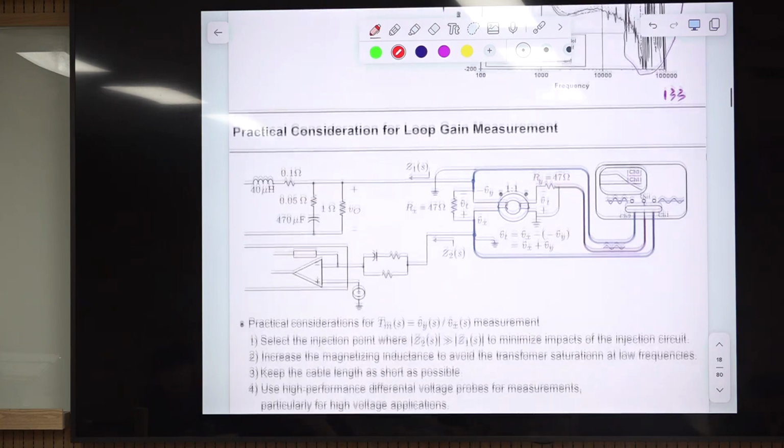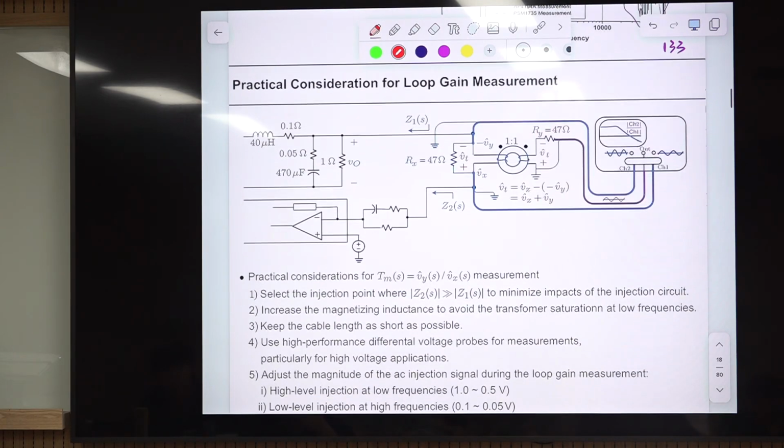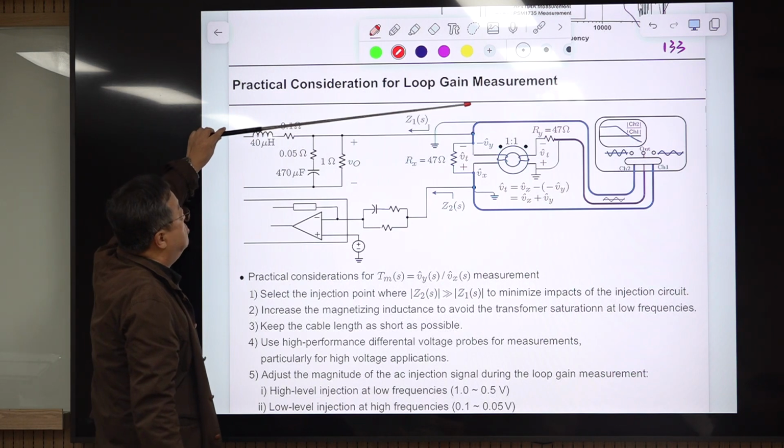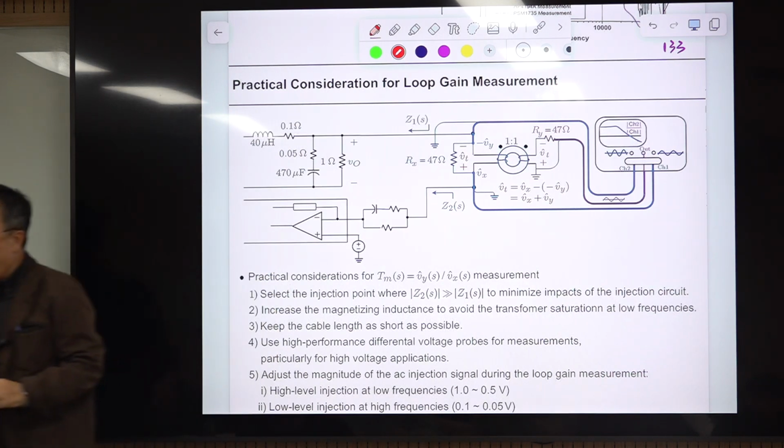This is the additional handout I posted on the LMS site. I included this later because if you have a chance to measure this, there are some practical techniques about this. So, practical considerations for loop gain measurement.